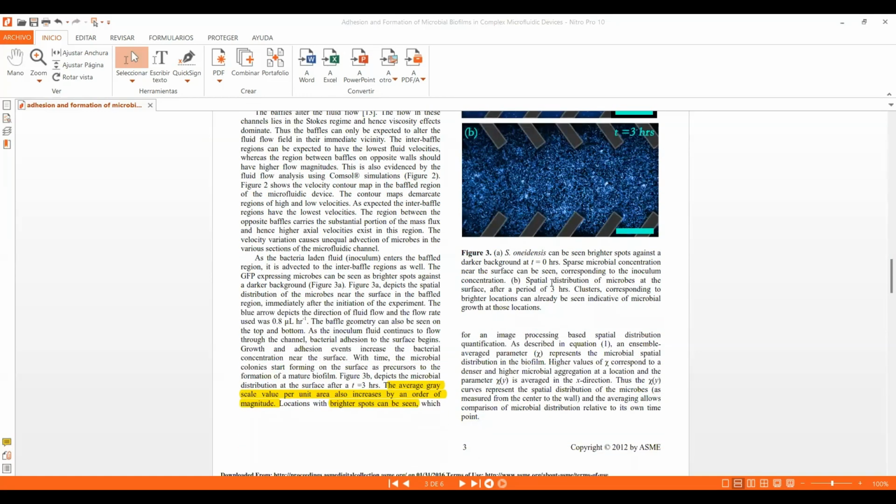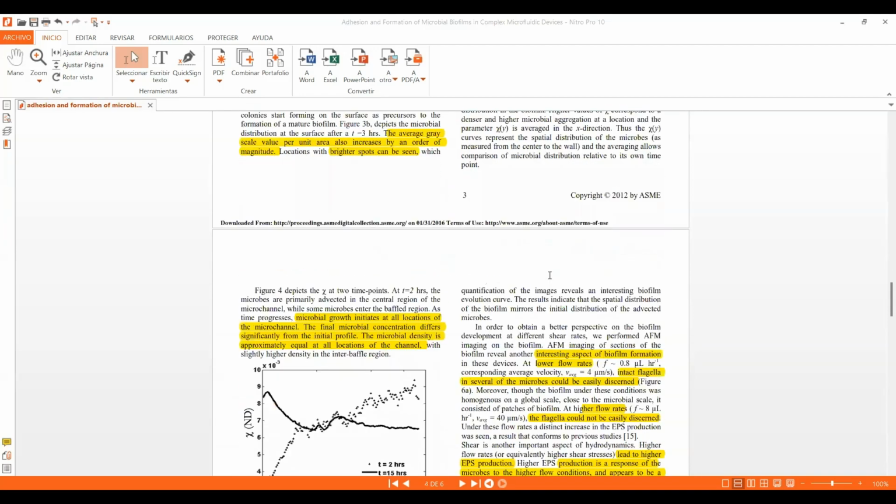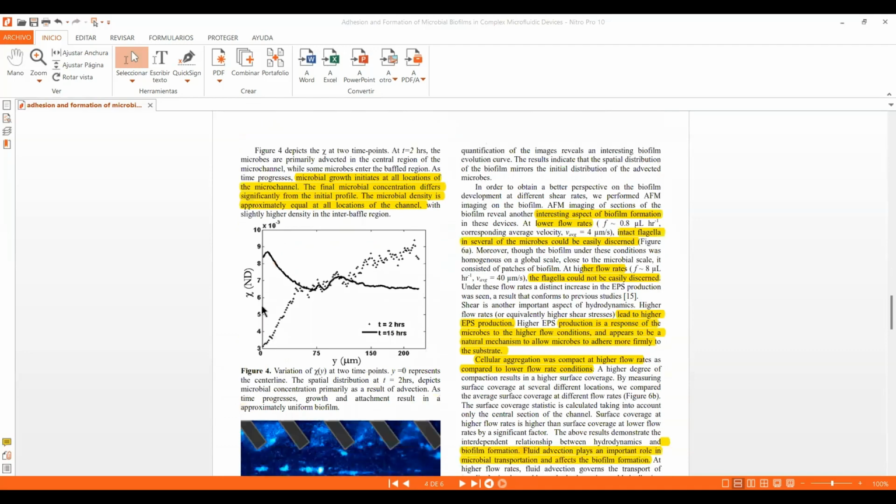Microbial growth initiates at all the localizations of the microchannels. We can observe in this picture that the final microbial concentration differs significantly from the initial profile. The microbial density is approximately equal at all localizations of the channels.